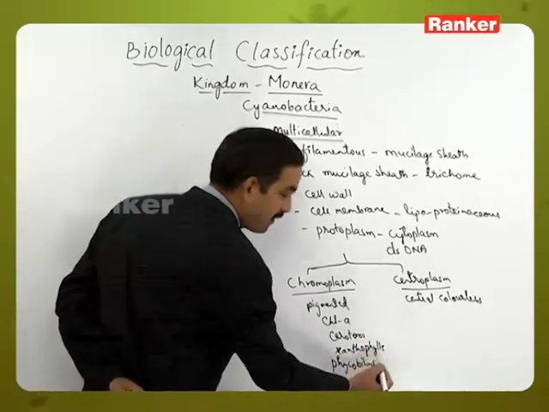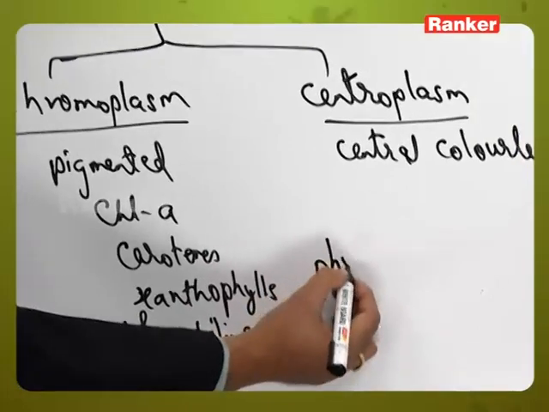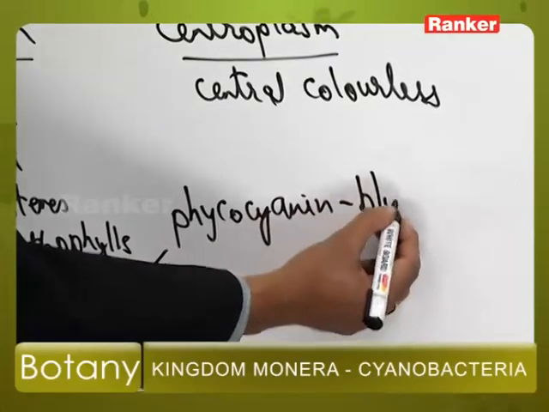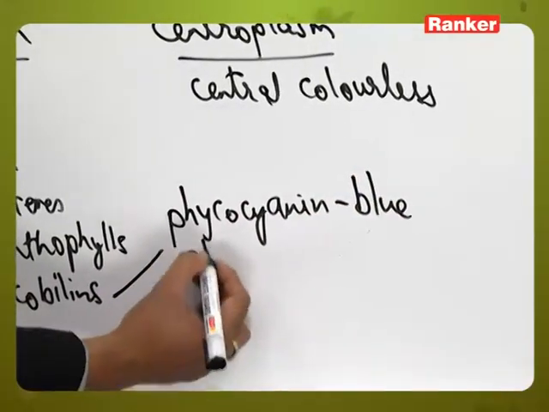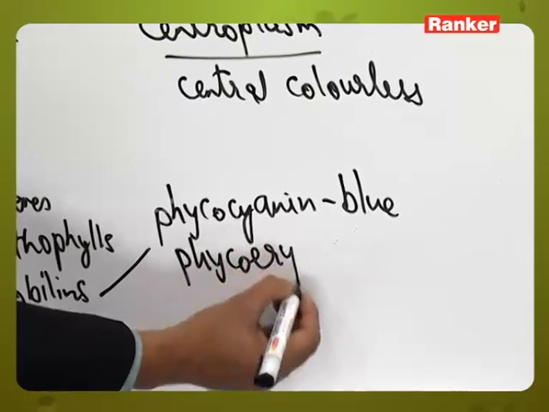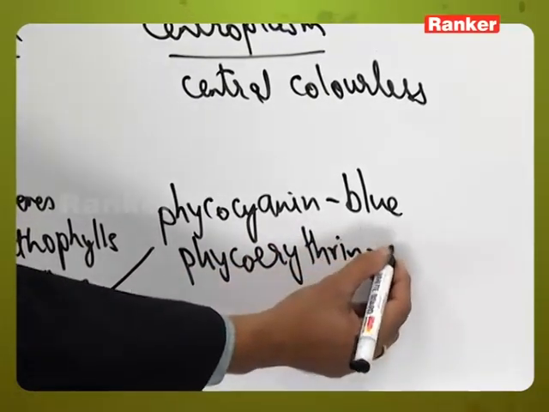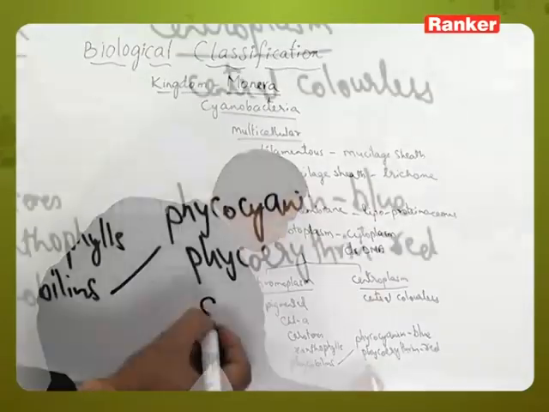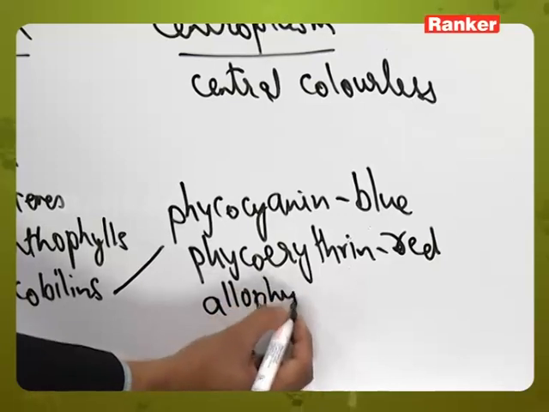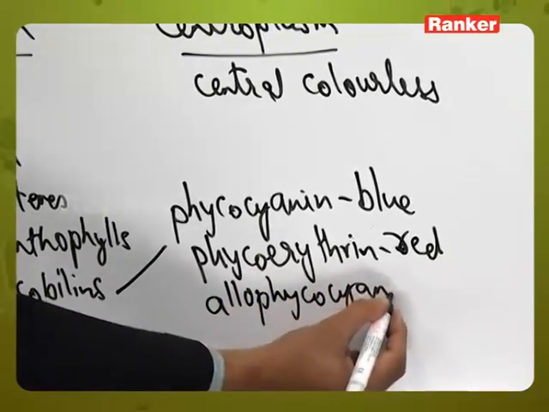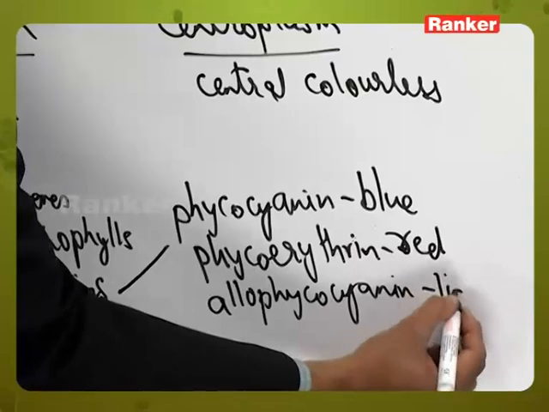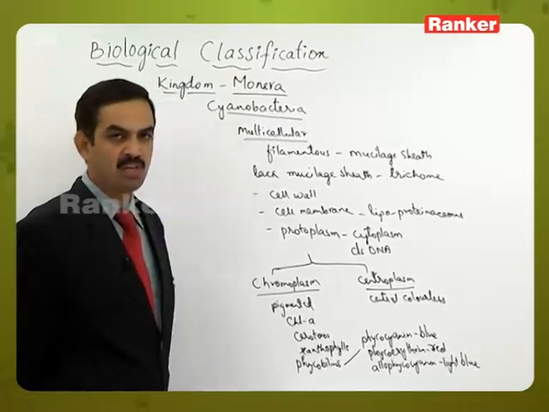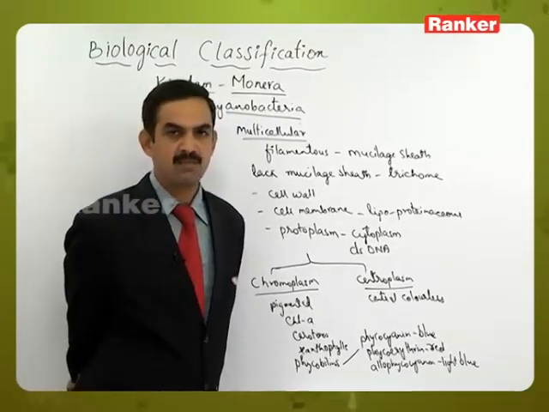The phycobilins are of various types, like phycocyanin, which provides blue color; phycoerythrin, which provides red color; and allophycocyanin, which provides light blue color. Likewise, these are three types of phycobilins uniquely present in the cyanobacteria members.